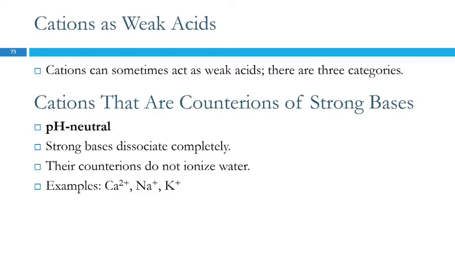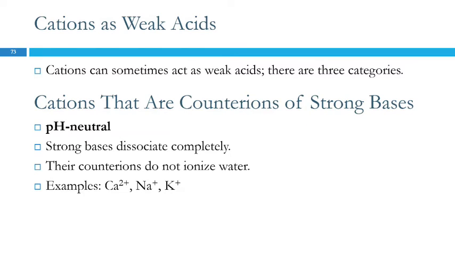Now we have to talk about cations. Cations can sometimes act as weak acids. So anions can act as weak bases, and cations can act as weak acids. They can, sometimes. So there are 3 different categories. We can look at counter ions of strong bases.